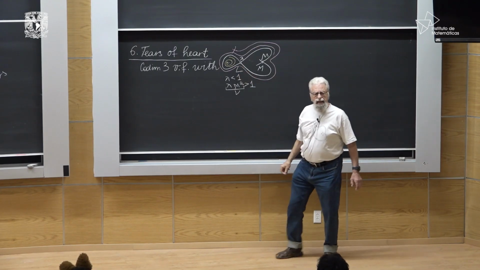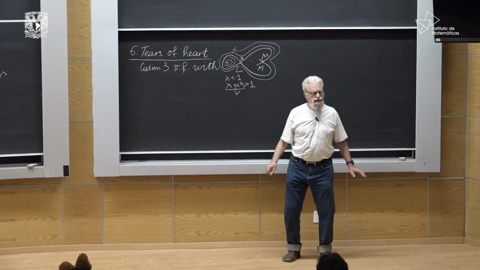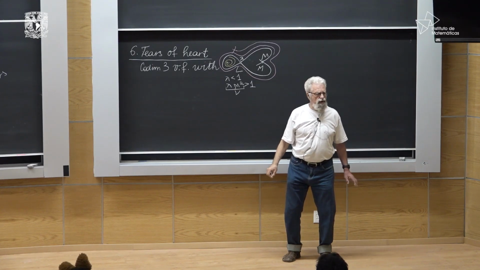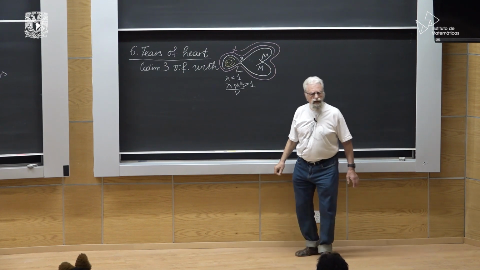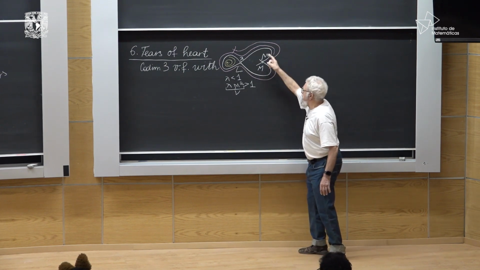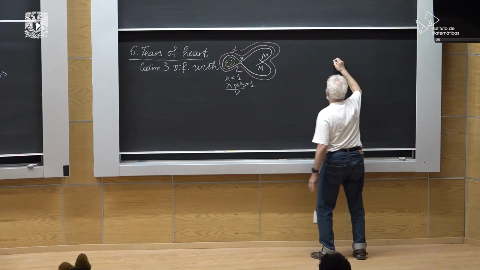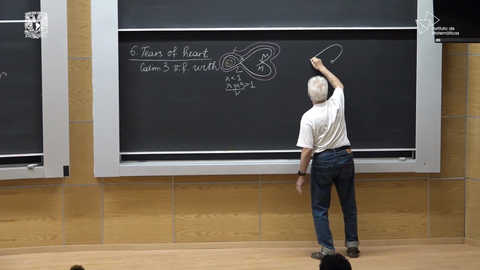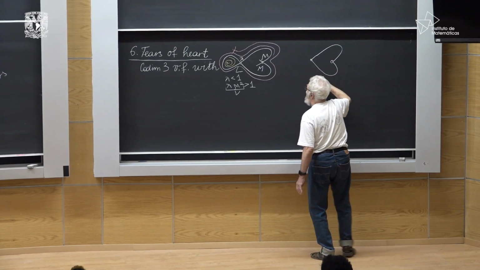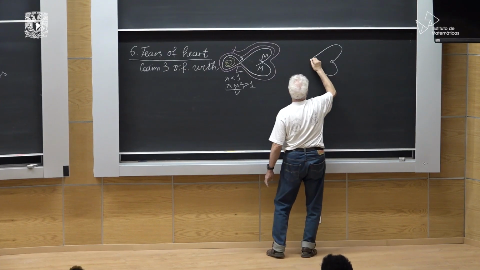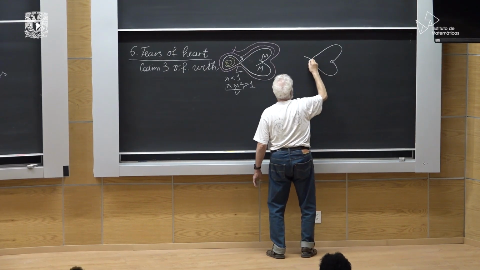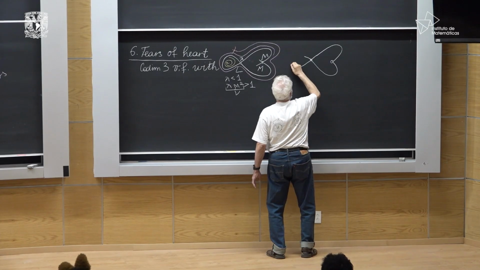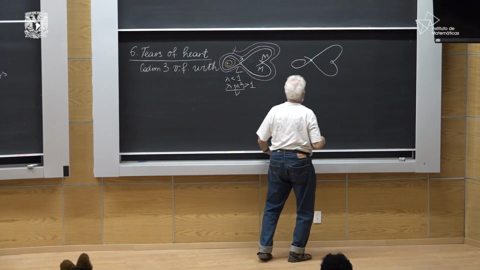So let us consider a subfamily where the first two parameters remain 0. That is, the two saddle connections of the heart remain unbroken, and only the loop is broken.